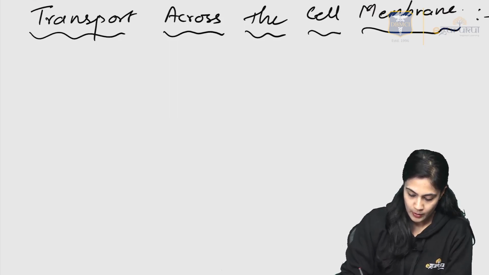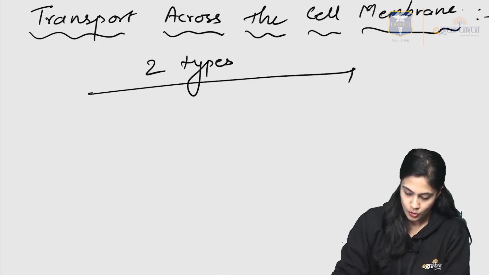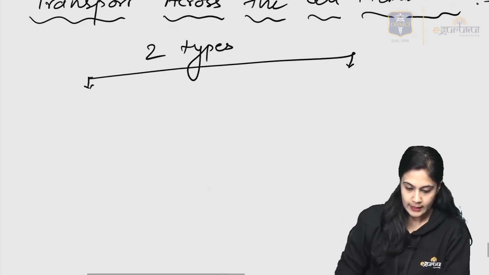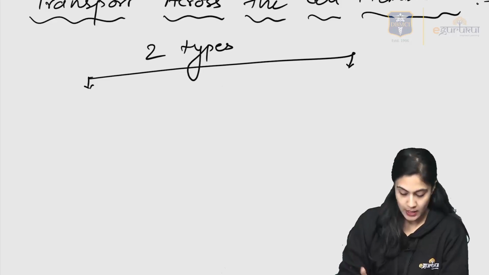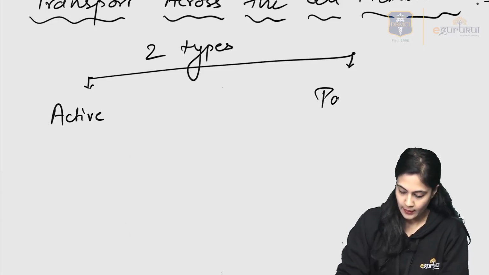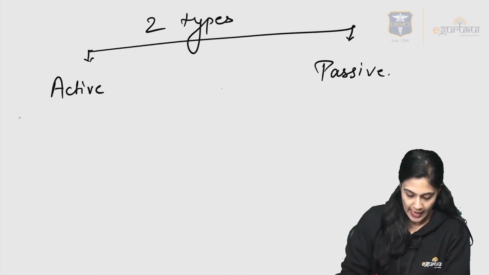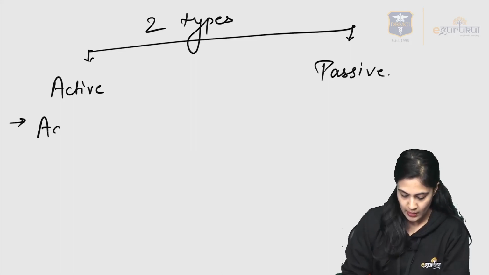Now always remember, there are two types of transport. Majorly it is active and passive, right? Now the active, why is it known as active? Because it uses energy. Why?